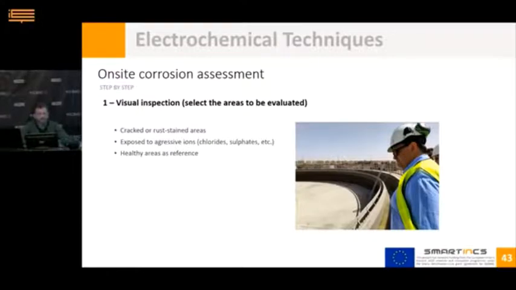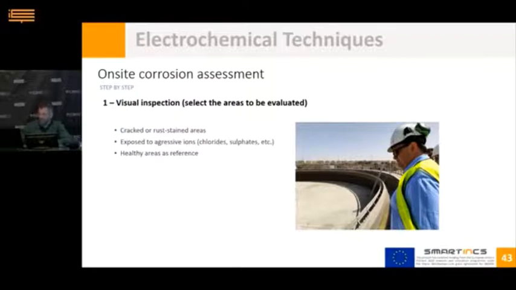Normally, we select areas where first signs of corrosion already appear, if it's the case, such as cracks or rust spots. Also, areas that may have been exposed to aggressive agents such as chlorides, and it is also important always to analyze apparently healthy areas as a reference.